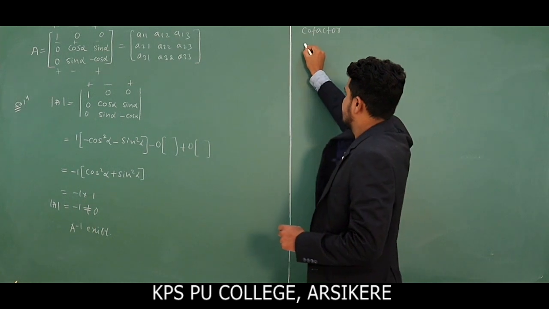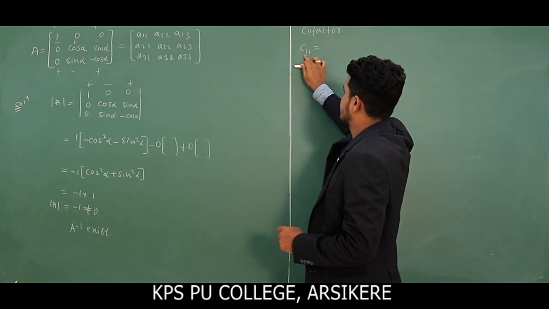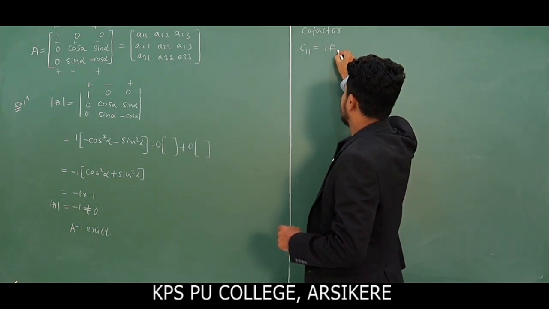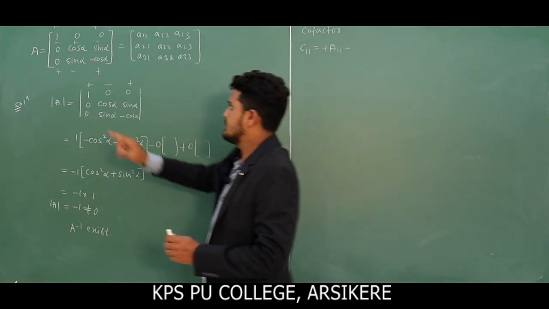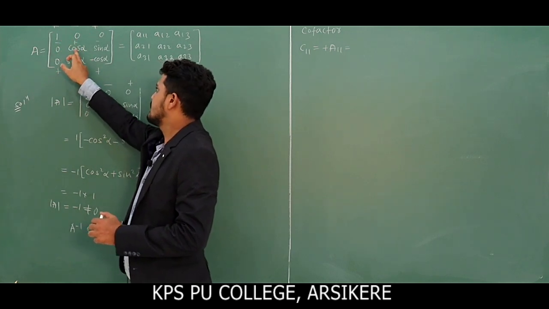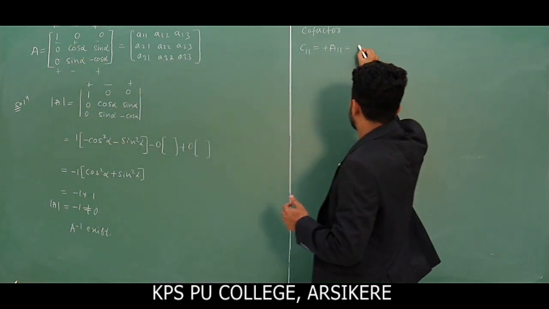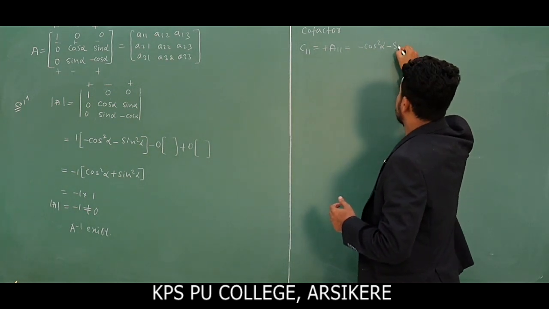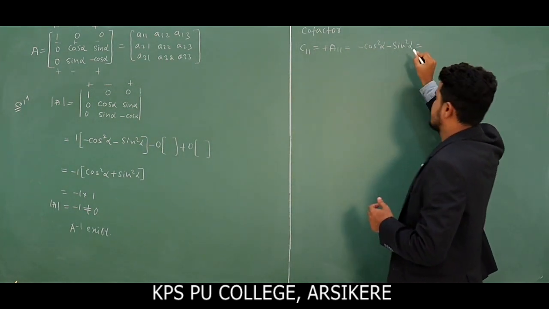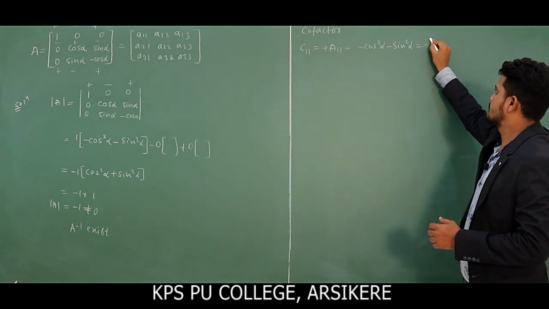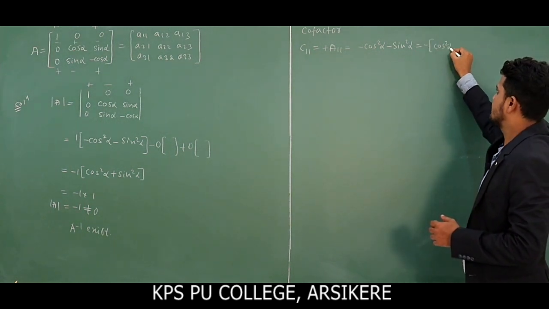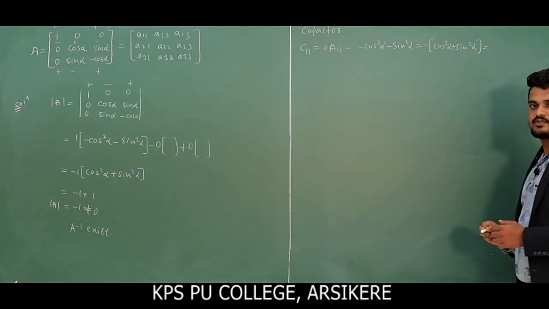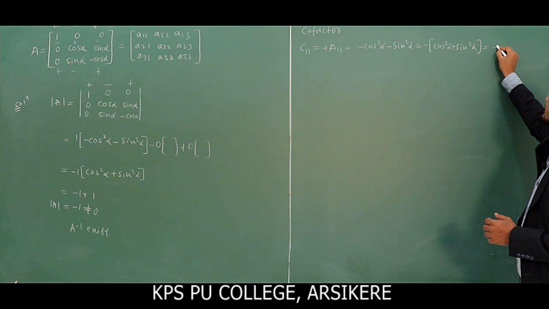Let the cofactor be C11. C11 is nothing but the sign plus of A11, eliminating first row, first column: cos alpha into minus cos alpha, so minus cos square alpha minus sin square alpha. Take minus common outside: cos square alpha plus sin square alpha, by the identity, is 1. So C11 is minus 1.